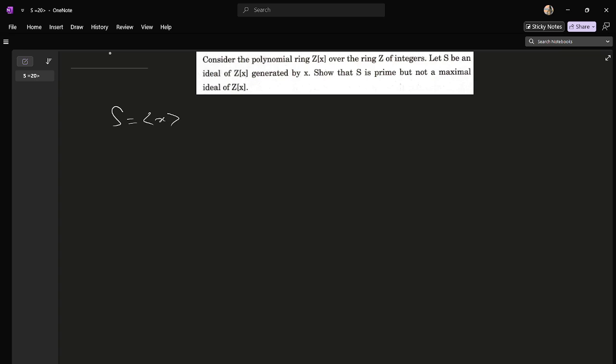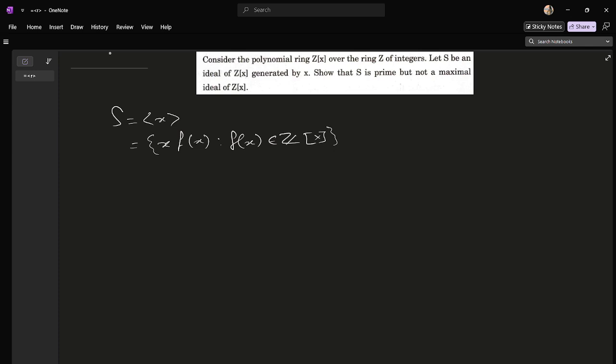The definition of S is x times f(x), where f(x) belongs to Z[x]. So this consists of all the polynomials in Z[x] that have x as a factor.